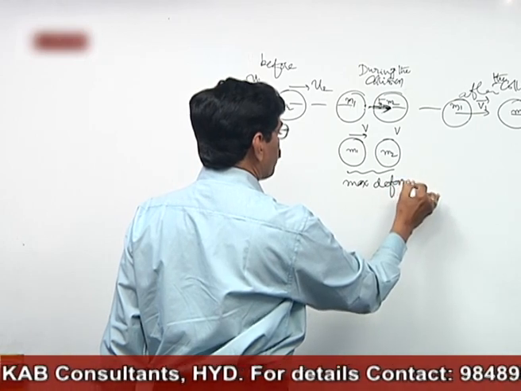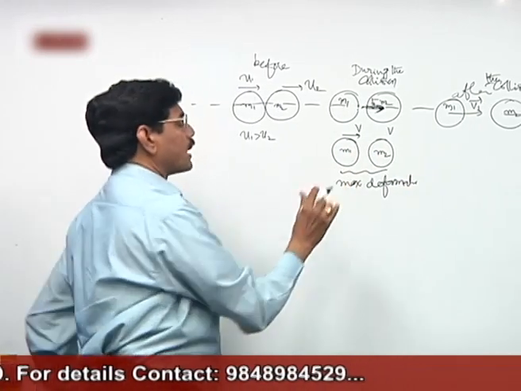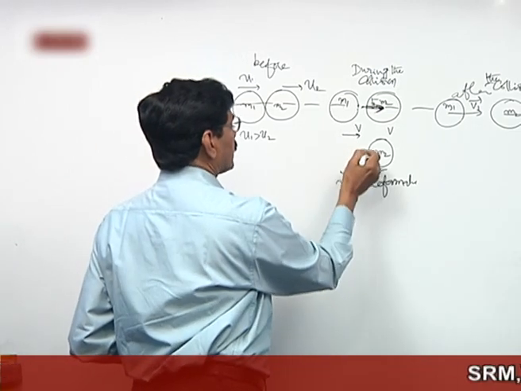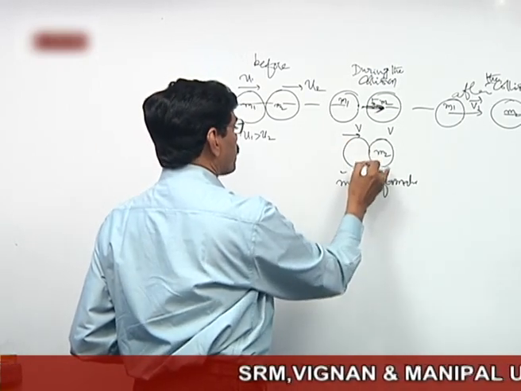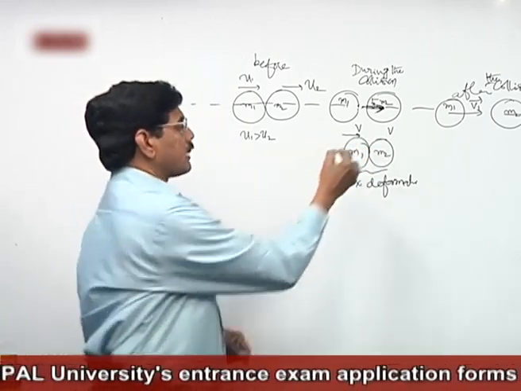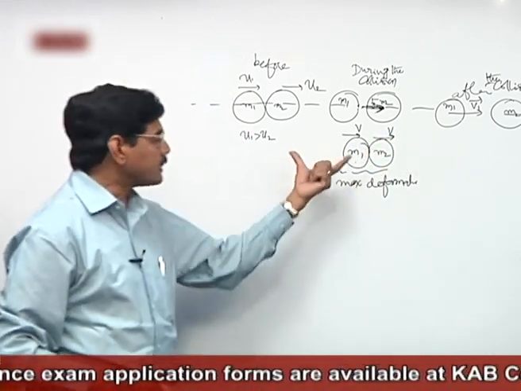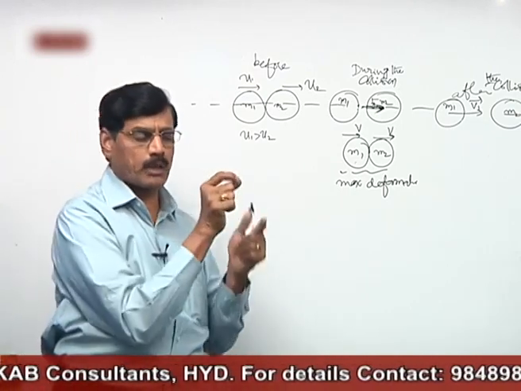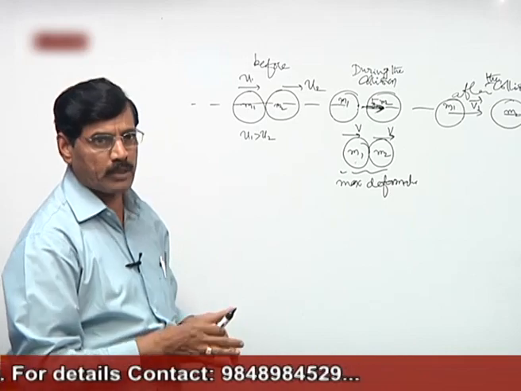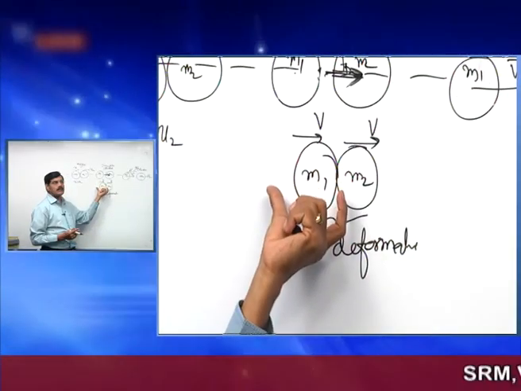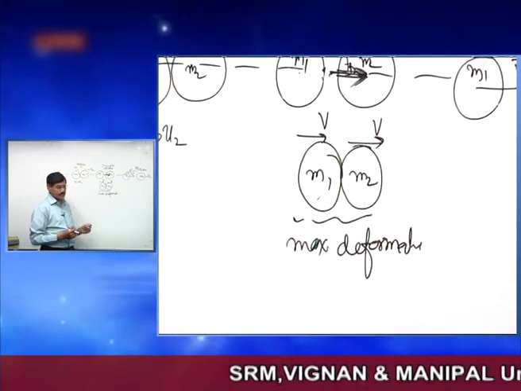During maximum deformation, both bodies are touching each other, and both move together with a common velocity. This interval from 0 to maximum deformation is called the collision time of deformation.